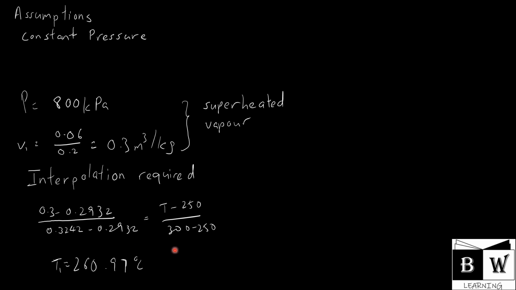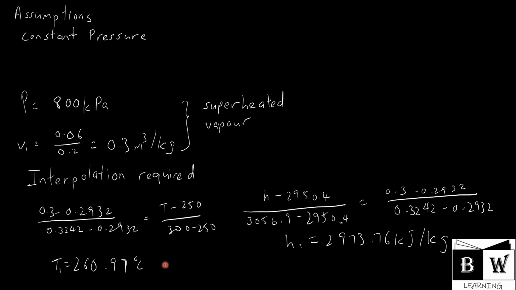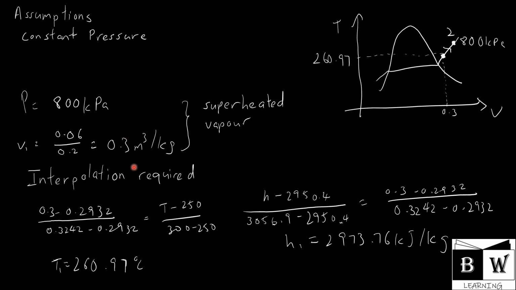And I find out that the initial temperature will be 260.97 degrees Celsius. So the same thing, we can do this for finding our enthalpies. So with this information, your T1 and your volume, we can actually plot out your TV diagram.